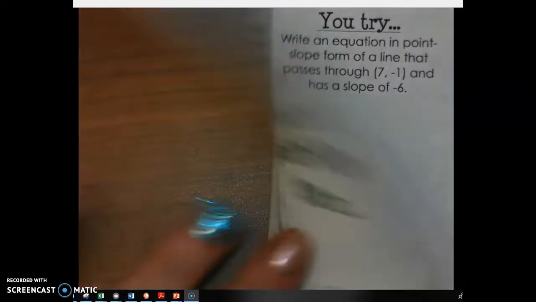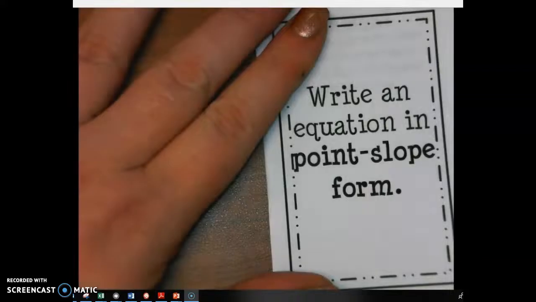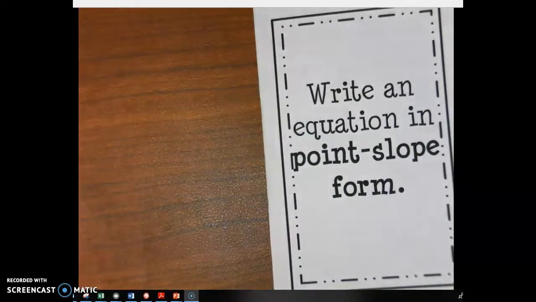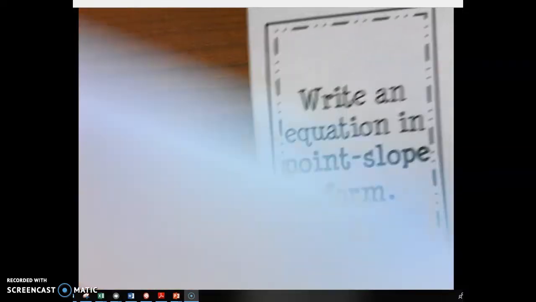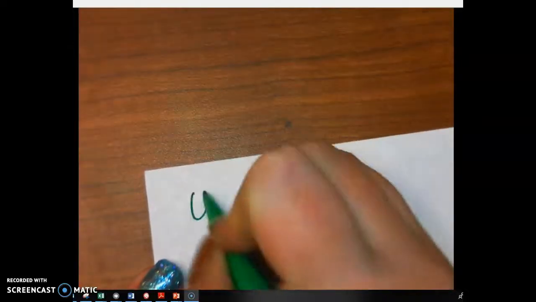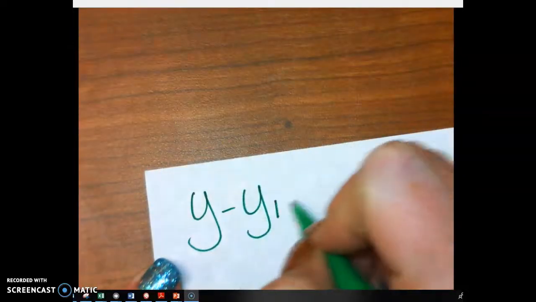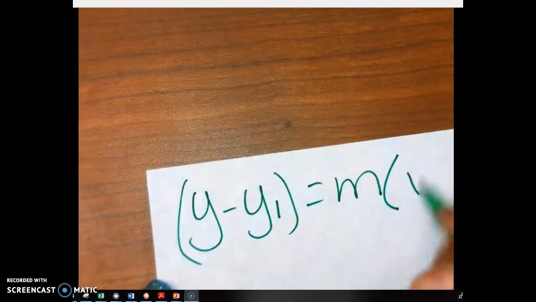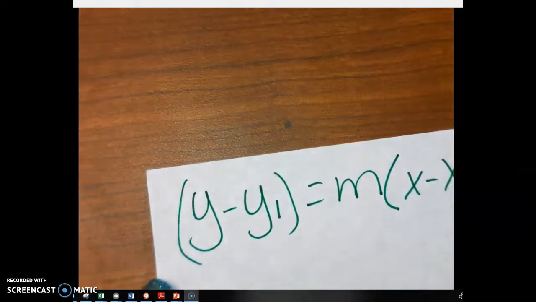So the way point slope form looks, let me have you, on the top, somewhere on your paper, somewhere real big, I want you to write y minus y1 equals m times x minus x1.